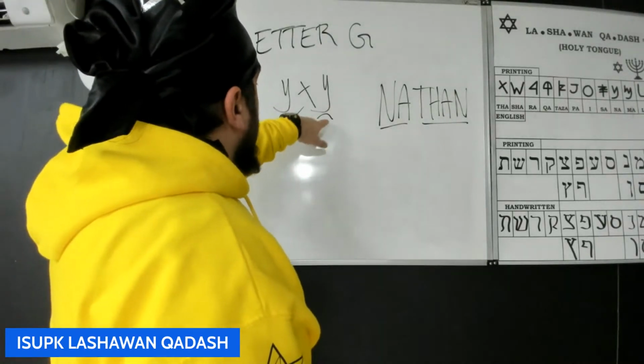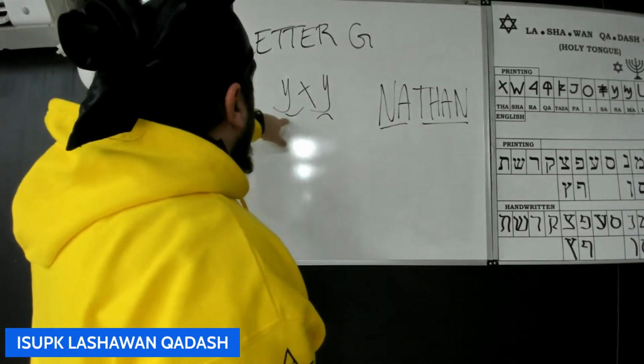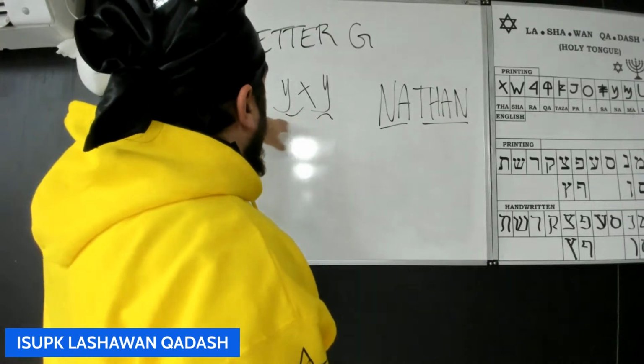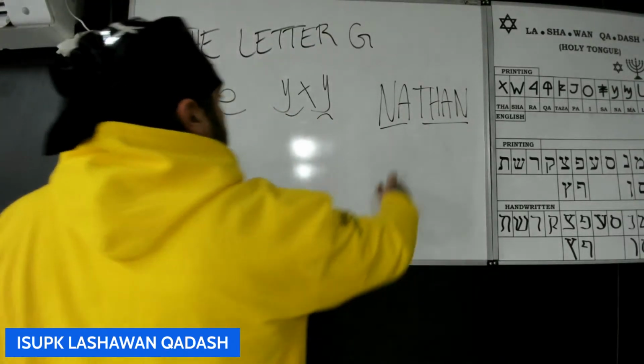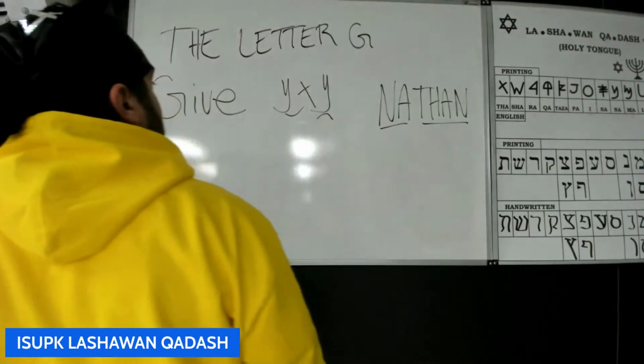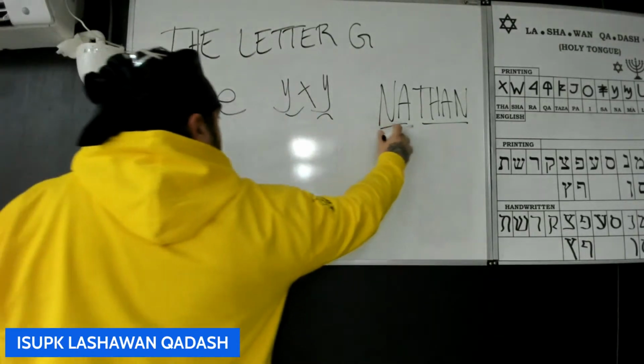This in the ancient, from right to left, na, tha, and na. Tha and na is connected. Na, than. Na, than, right here. That way you see exactly how it's written from ancient to how it's properly pronounced, right here.